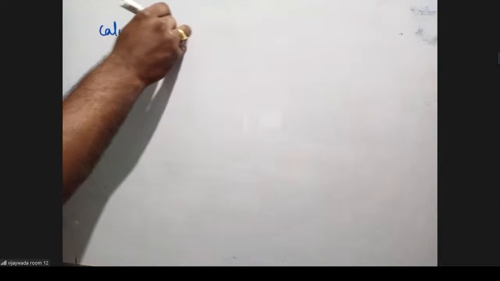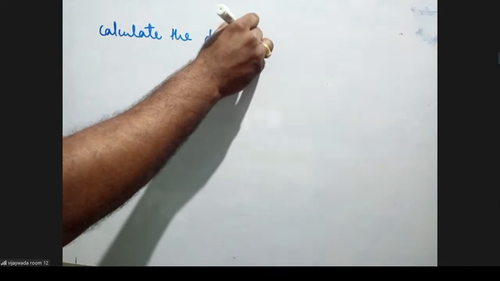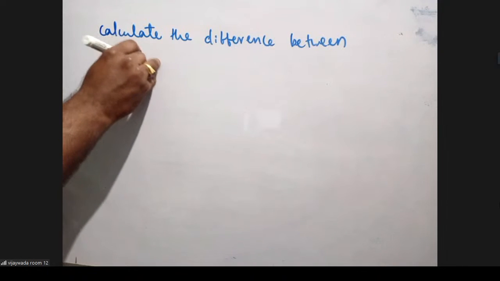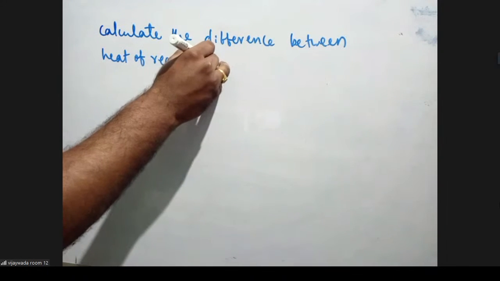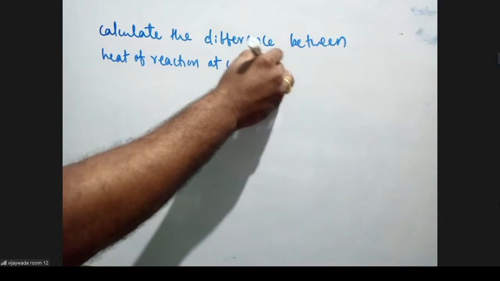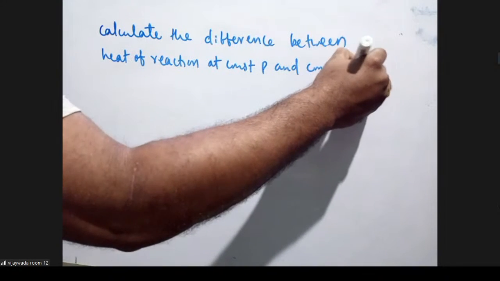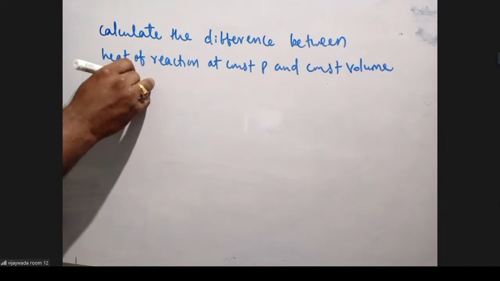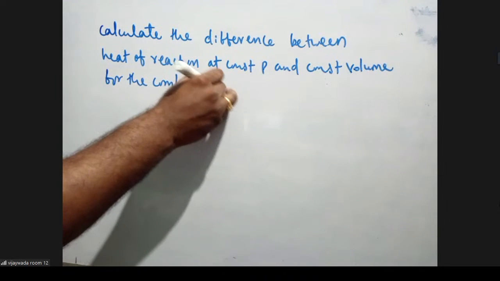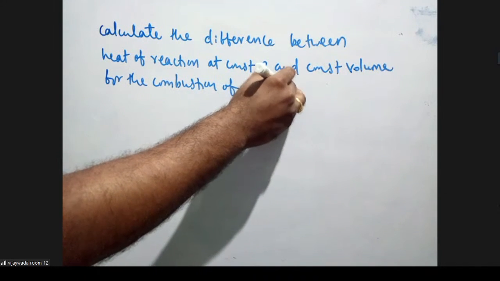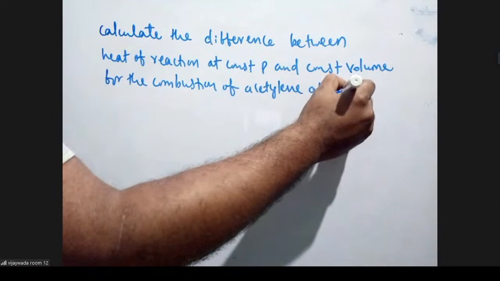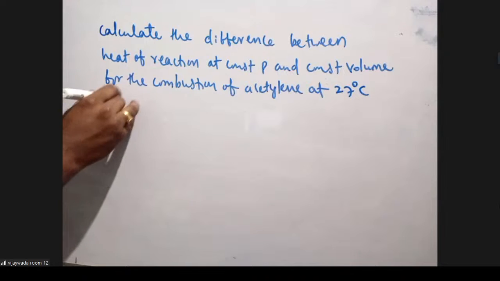Calculate the difference between heat of reaction at constant pressure and constant volume for the combustion of acetylene at 27 degrees Celsius in kilocalories.